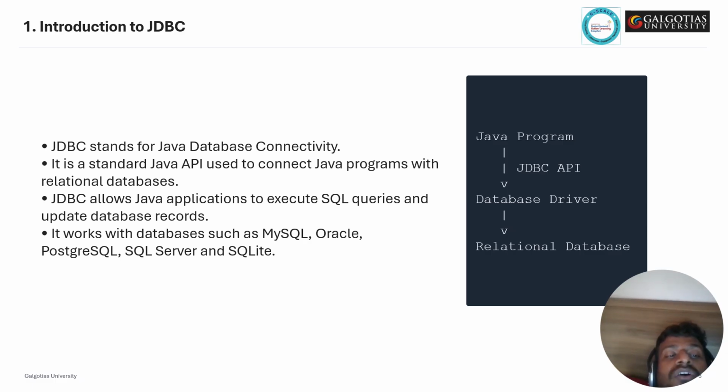The JDBC API allows a Java application to execute SQL queries and update database records. It works with databases such as MySQL, Oracle and SQL Server. Basically, JDBC connects Java applications and SQL with Java.